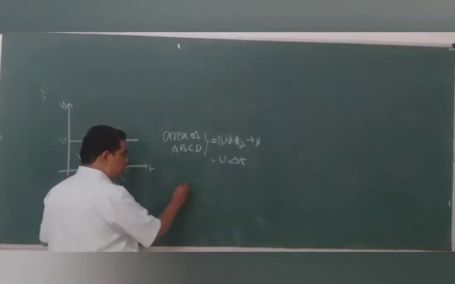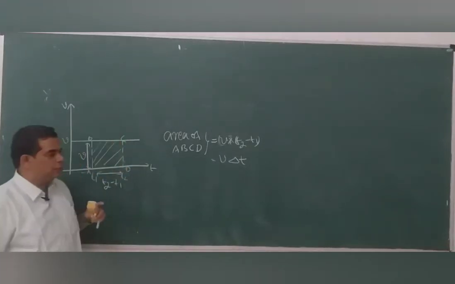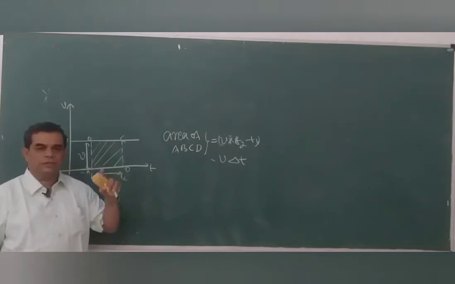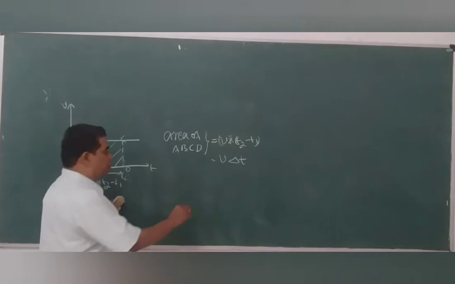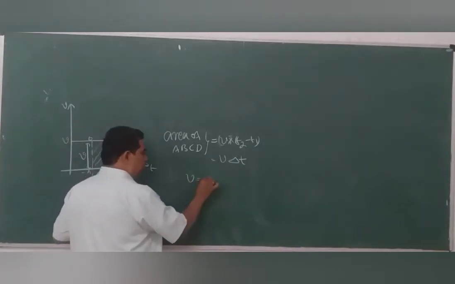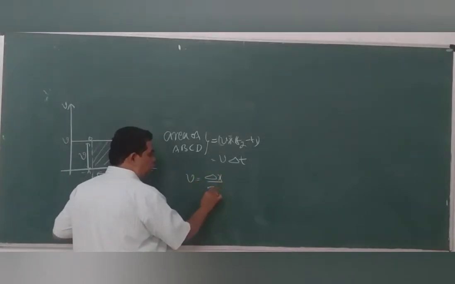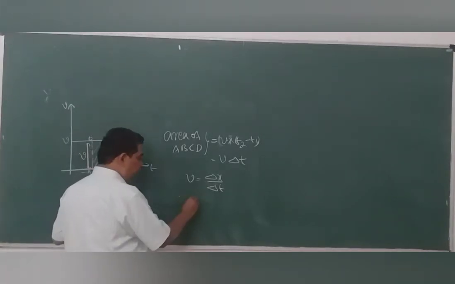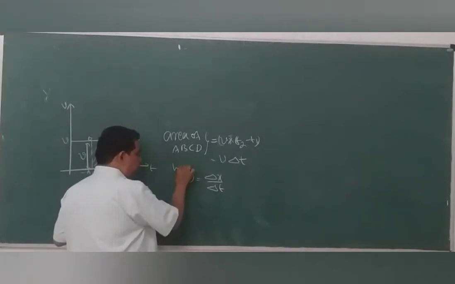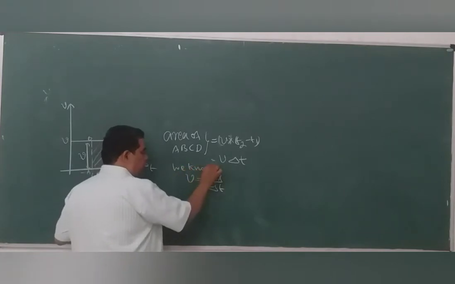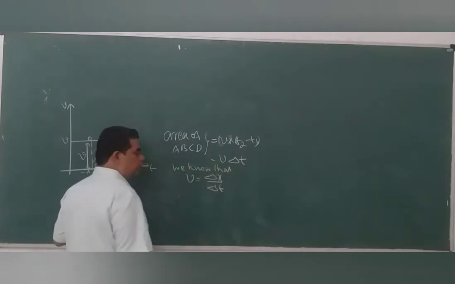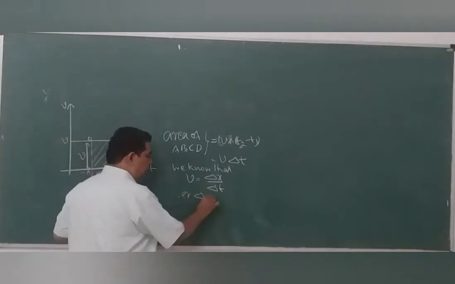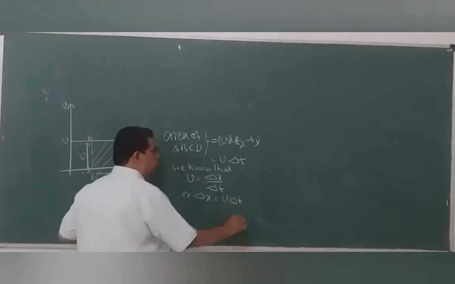Let me give you a hint. Can you think of the definition of velocity? What is it? We know velocity equals rate of displacement, delta x by delta t. Therefore, we know that V equals delta x by delta t, or delta x can be written as V into delta t.